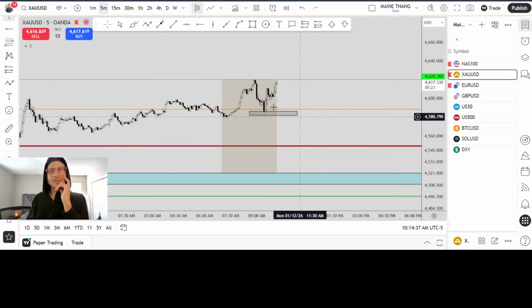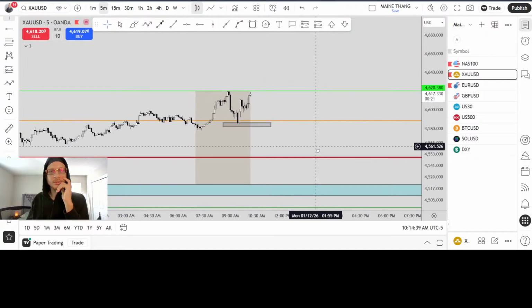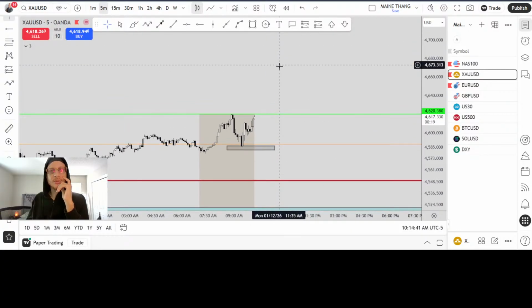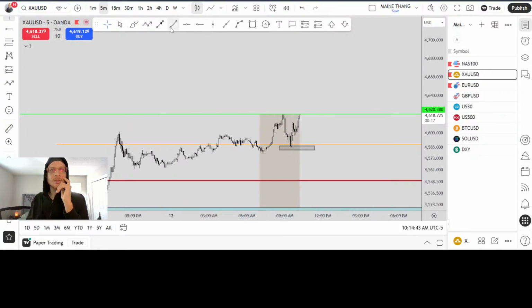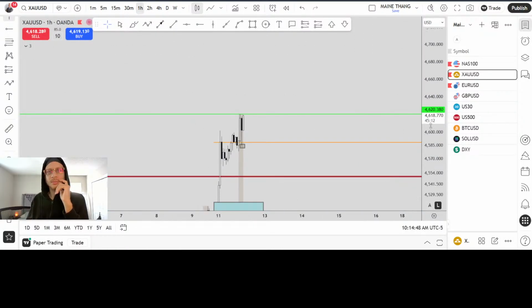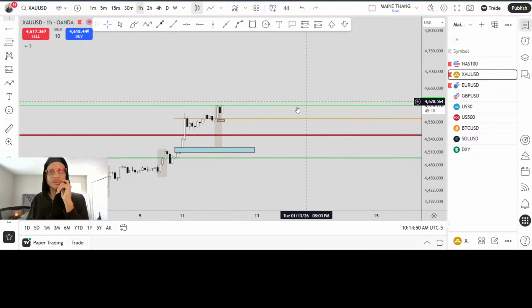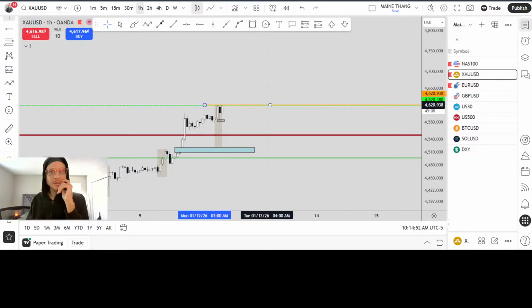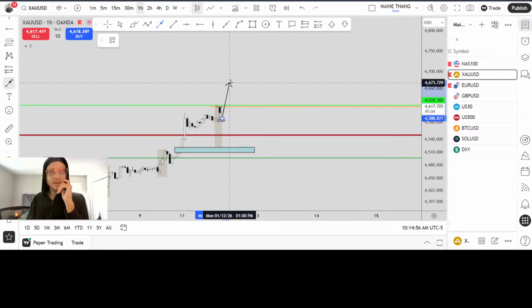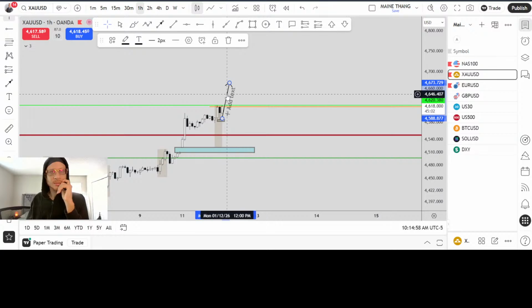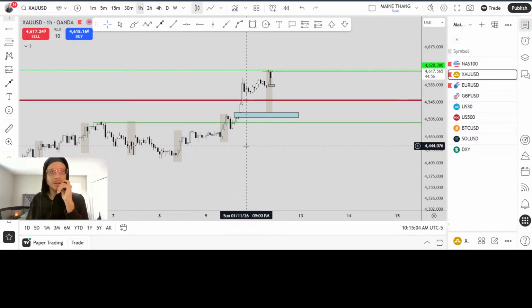But to be honest, I want to see it retrace further, especially if it's not going to give us a new indication. Like say this is the high. I need to see a clear indication. Not just a little bit. I need to see a clear indication. Clearly.